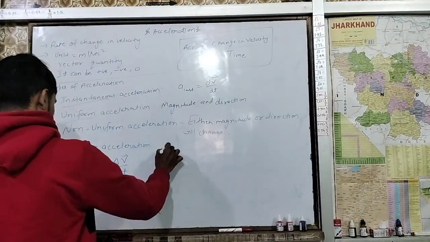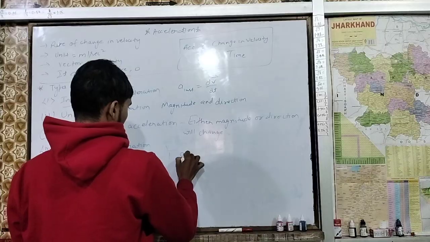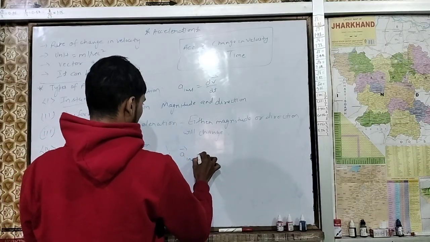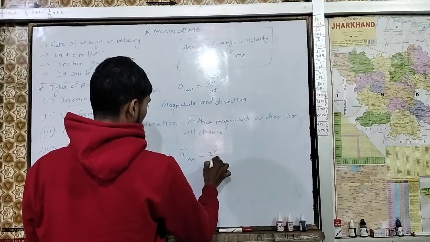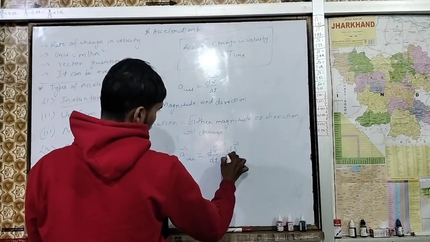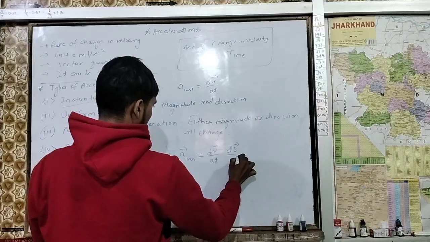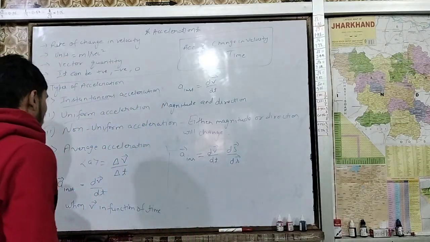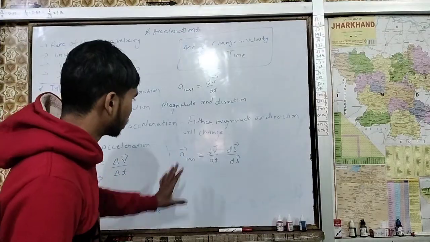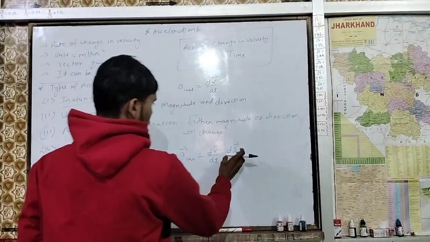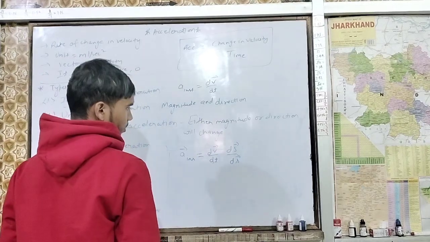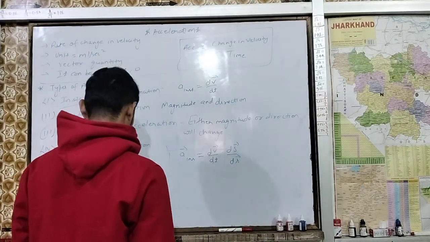Okay, what's the difference between them? Over here, dv upon dt into ds upon ds. We have seen this thing, but not this thing. Just we applied this one more thing, which is valid for this.